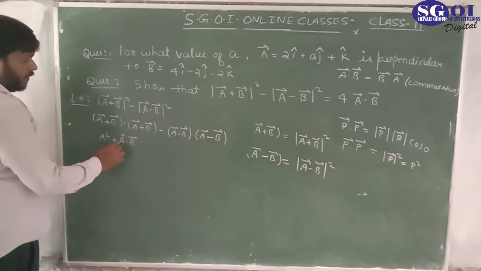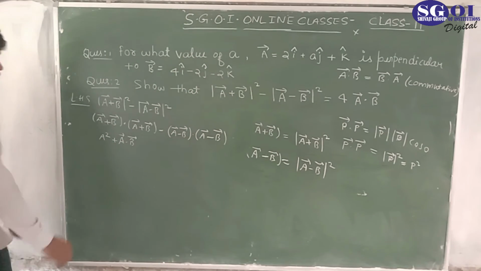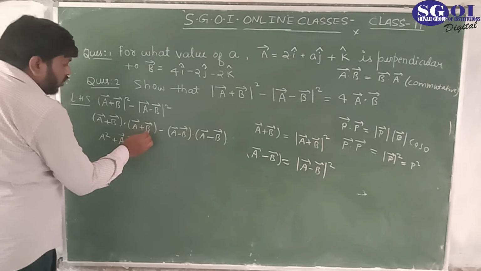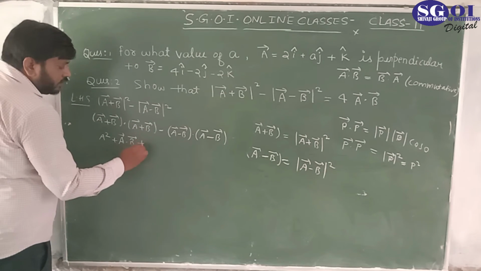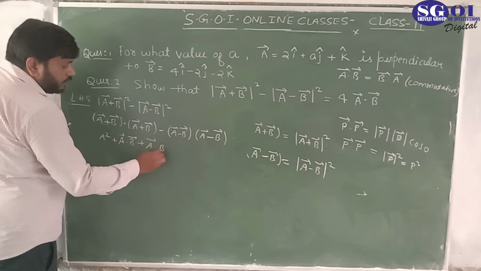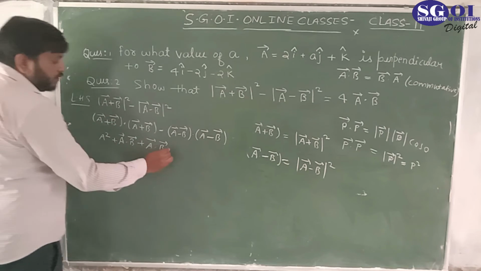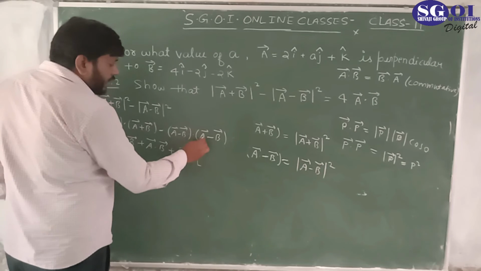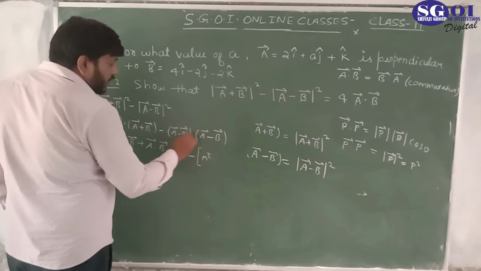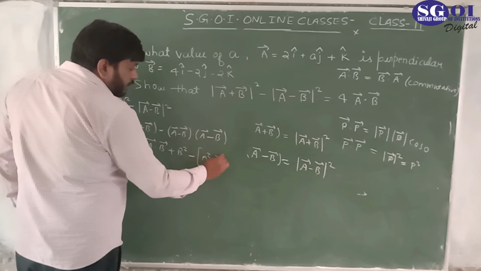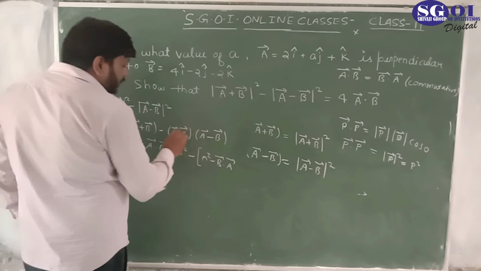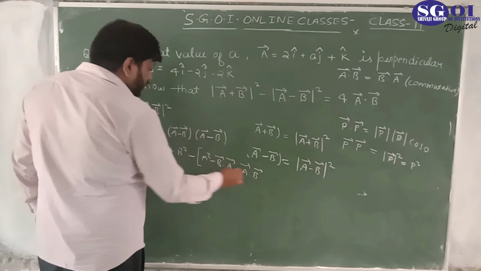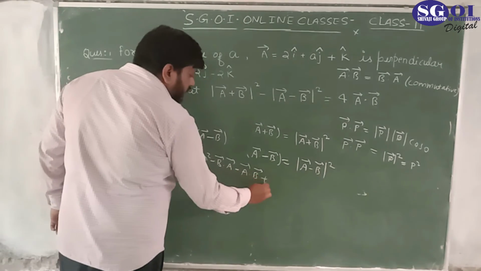Now a square plus a dot b. Now we are going to do the dot of b: b dot a plus b square, minus, in brackets, a square minus b dot a minus a dot b plus b square.